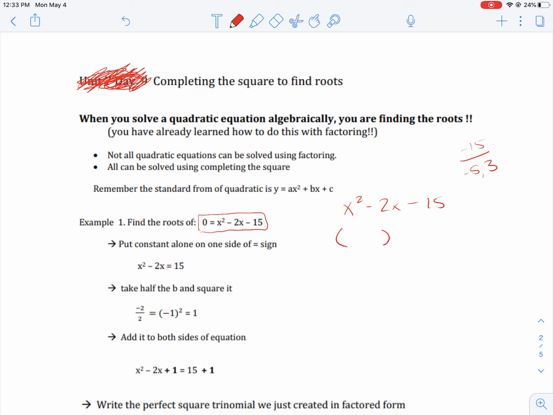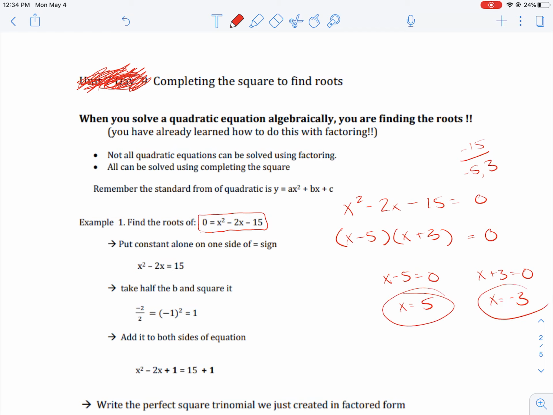So it would be x minus 5, x plus 3. When we multiply those two numbers together, we get -15, and we add them together, we get -2. Set both of these equal to 0, and you get x is equal to 5, x is equal to -3. That is for when we factor it.